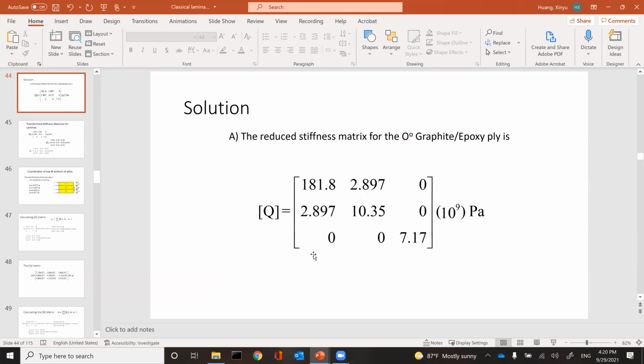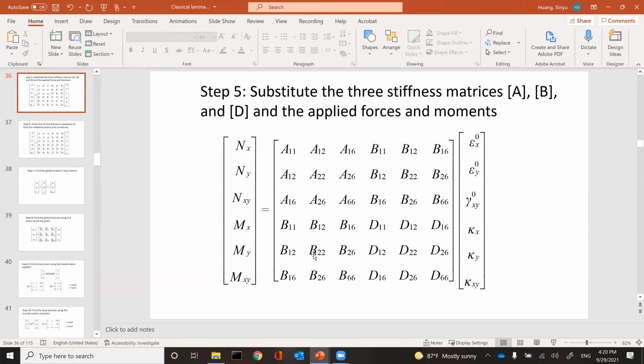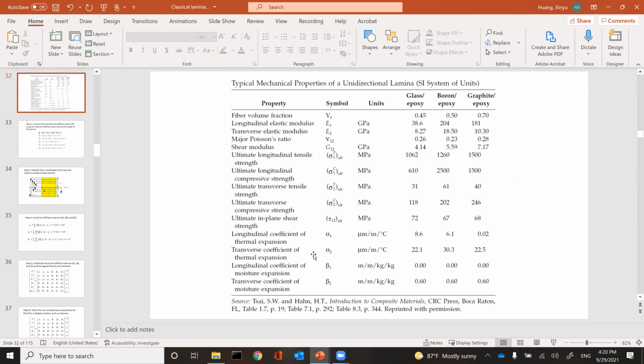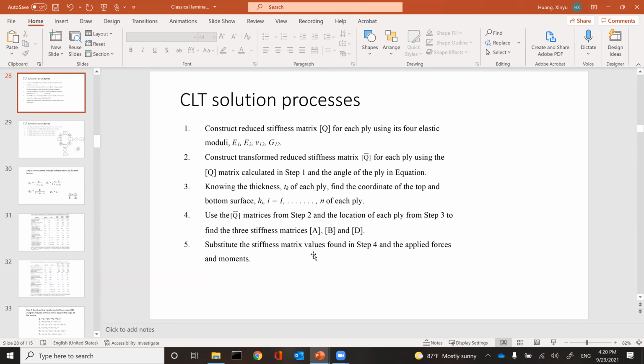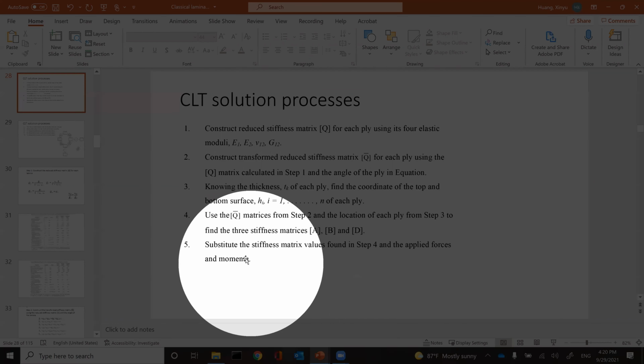All right. Let's go back to our map. Our map says we are at step 5, I think. We just finished step 4, and then we got ABD, substituted the values, found ABD, and now apply forces and moments.